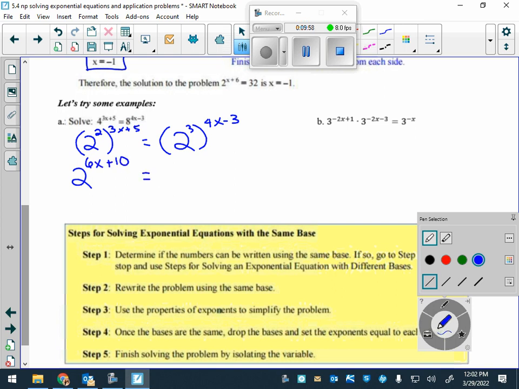Okay, make sure you're multiplying 2 by 3x and 5. Then we have 2 to the 12x minus 9. Since our bases are the same, we now can drop those down to get 6x plus 10 equals 12x minus 9.